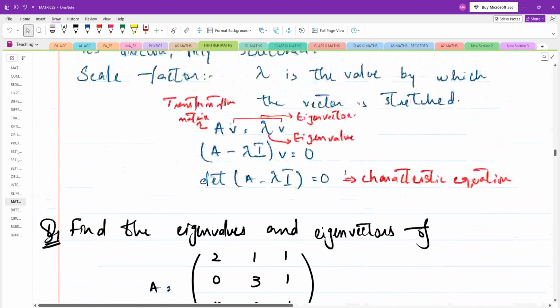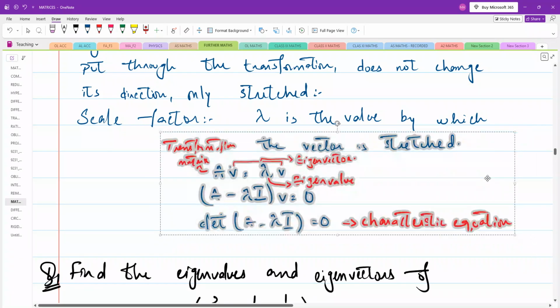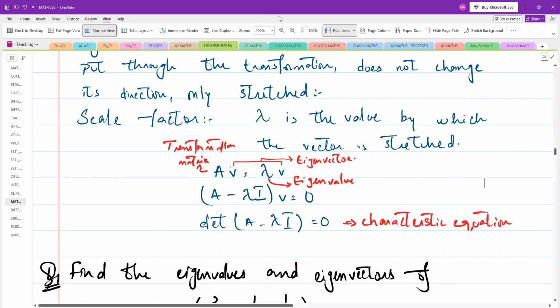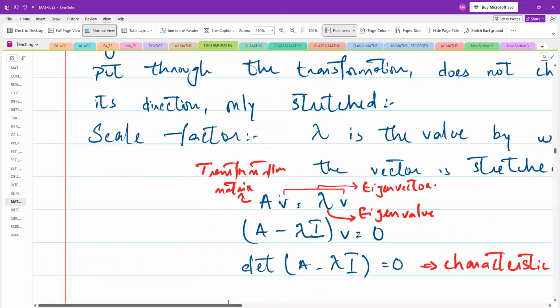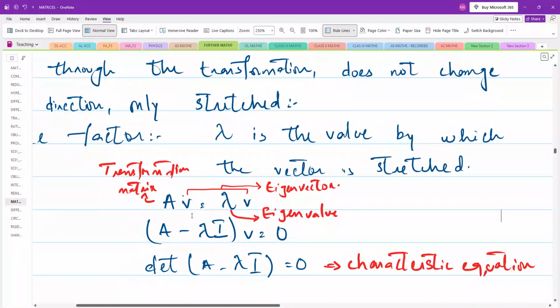First of all, let us come back here and study something over here. If I zoom in a bit more, matrix A is being multiplied by the eigenvector, which results in a number multiplied by the eigenvector.